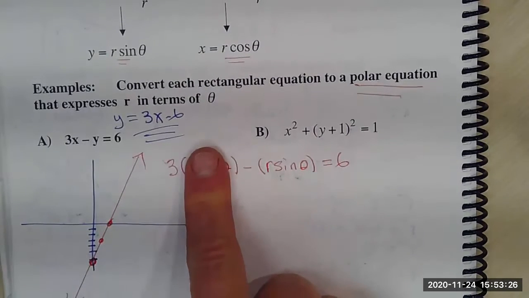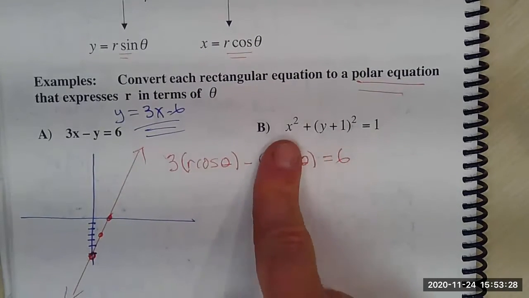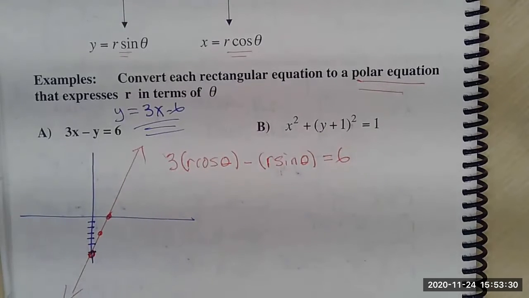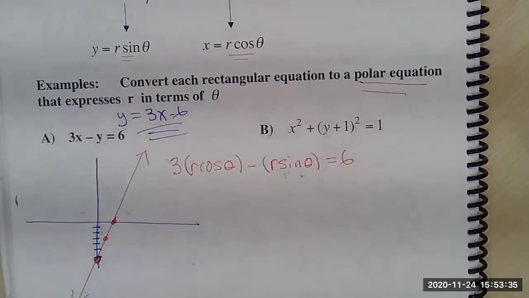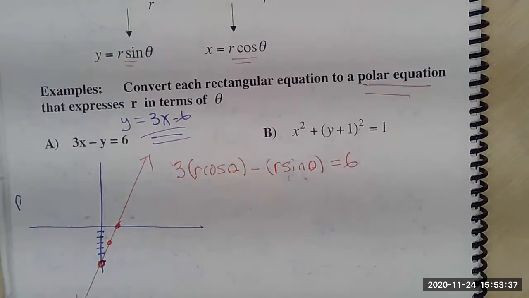So that was 3x minus y is equal to 6. And in practicality, I've accomplished what I set out to do.